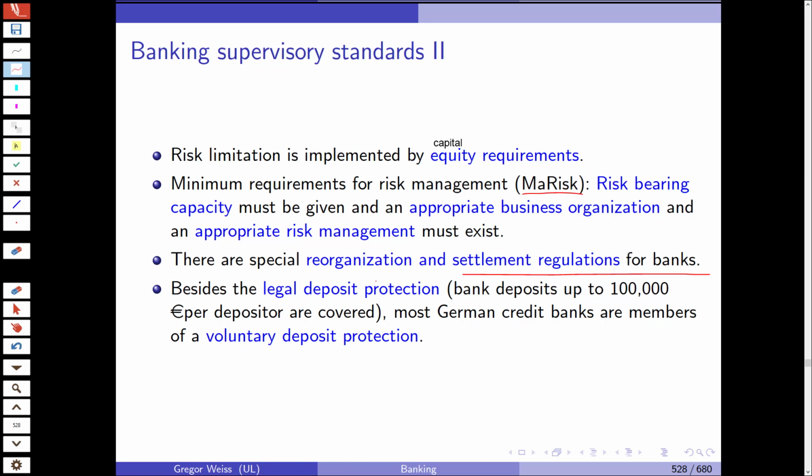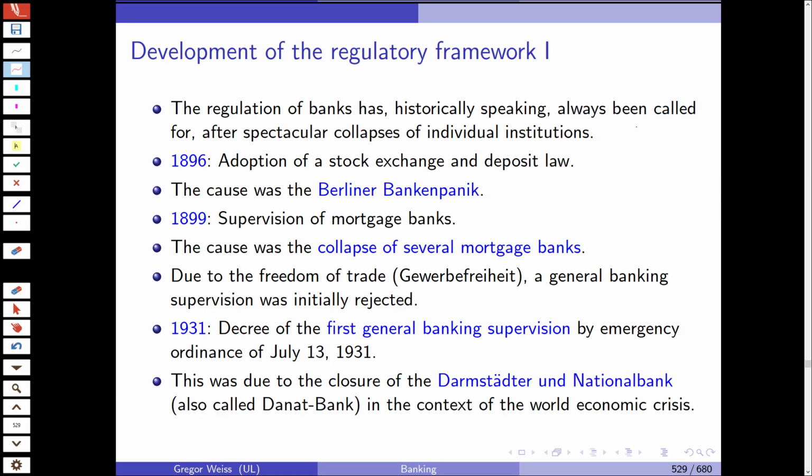And last but not least, besides legal deposit protection, most German credit banks are also members of an additional voluntary deposit protection scheme, deposit insurance scheme. Meaning what? Depositors are insured against the default of their deposits via, in this case, at least two deposit insurance funds.